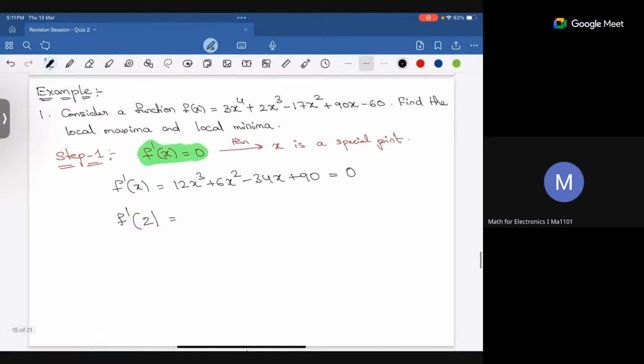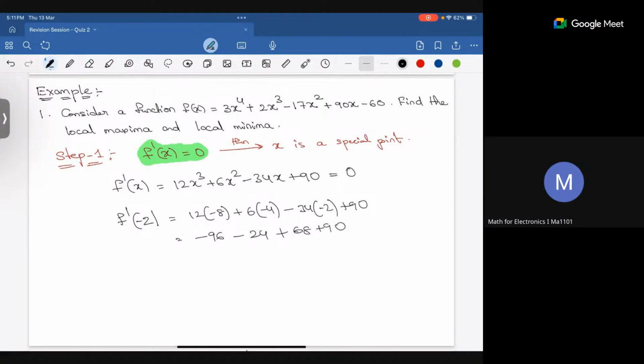F prime of 2 also will not give me 0, but f prime of -2 is 12 times -8 plus 6 into 4 minus 34 into -2 plus 90. So 12 times -8 is -96, plus 24, plus 68, plus 90.